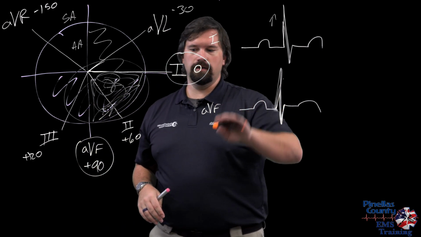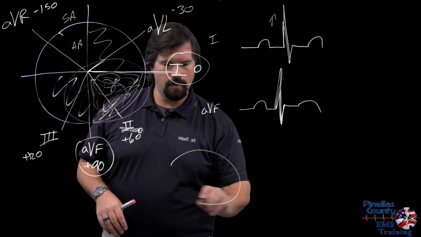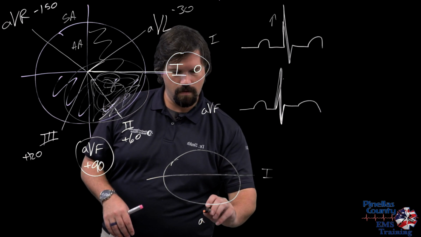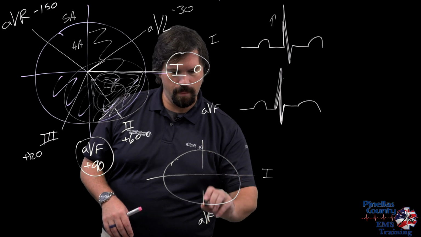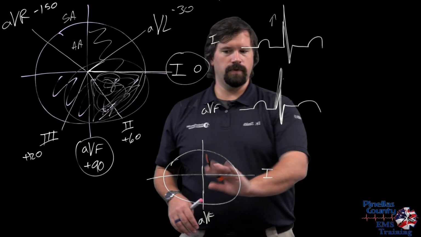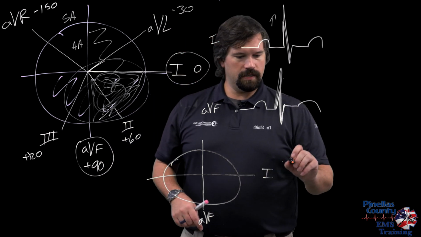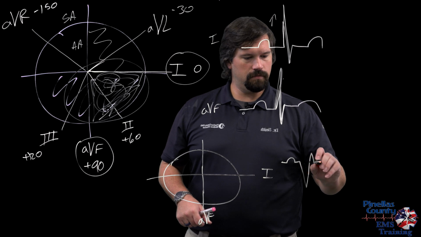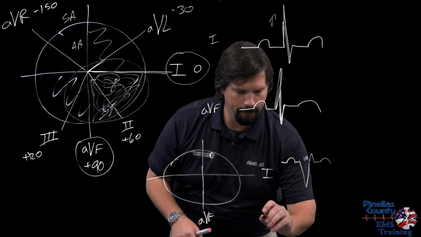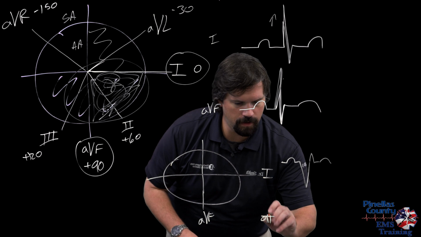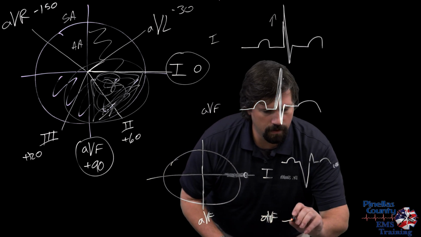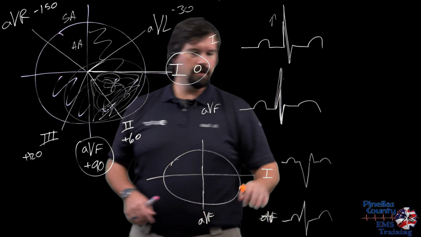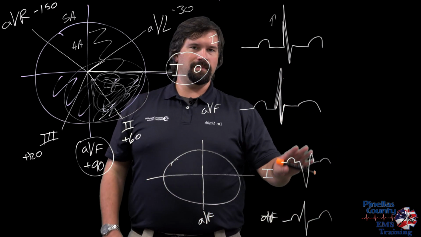Again, we're dealing with 1 and AVF. Now let's say in this situation, your QRS is mostly down in 1, and mostly up in AVF. So if it was down in 1, that's going to mean it's negative.